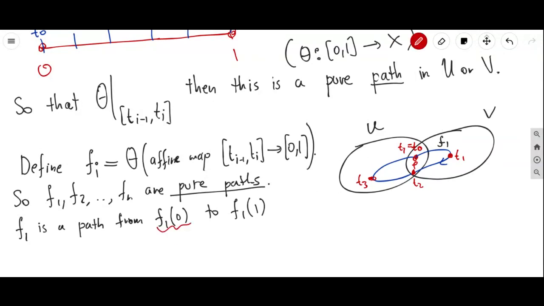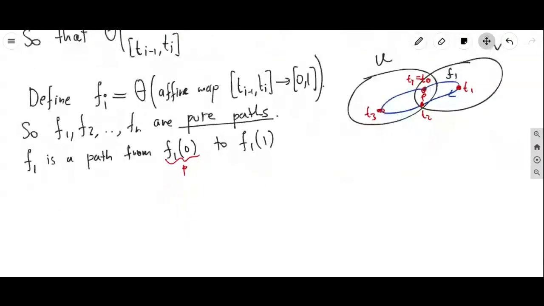So this one is P, but this one is not necessarily P. And then F2, and F2 is a path from F2 of 0 to F2 of 1.